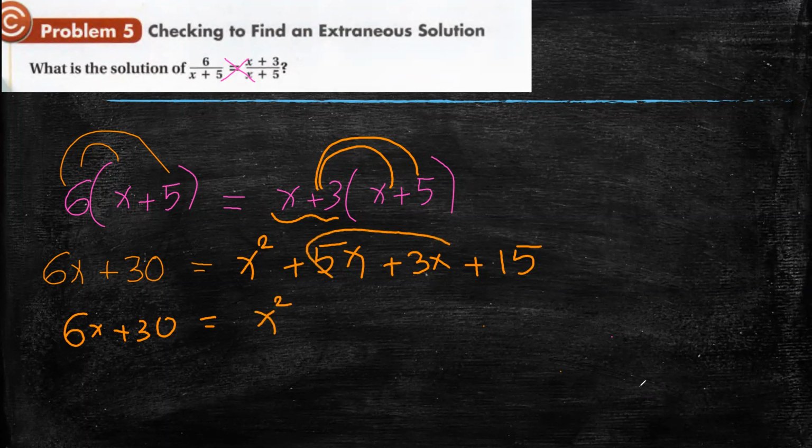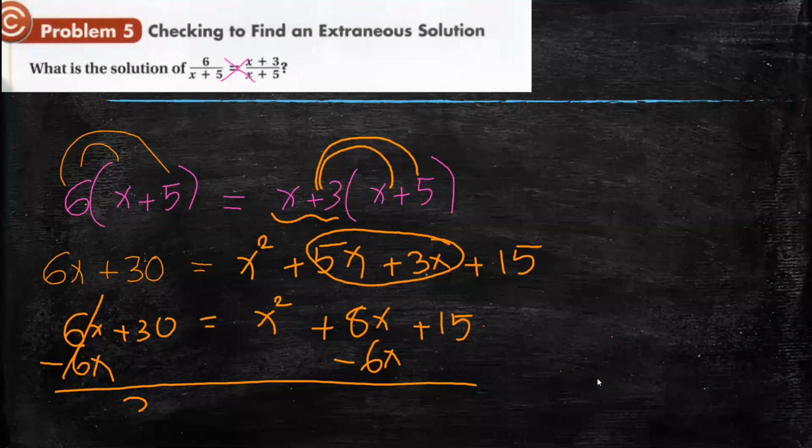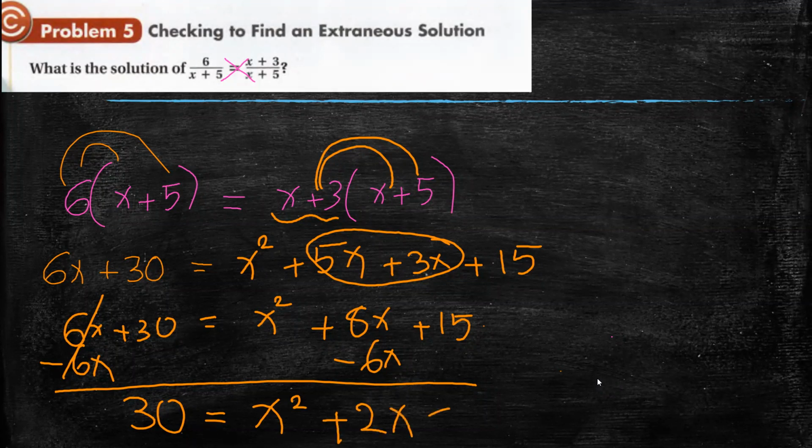Then 5x plus 3x, you write it as 8x plus 15, minus 6x, minus 6x. So 30 is x squared plus 2x plus 15.